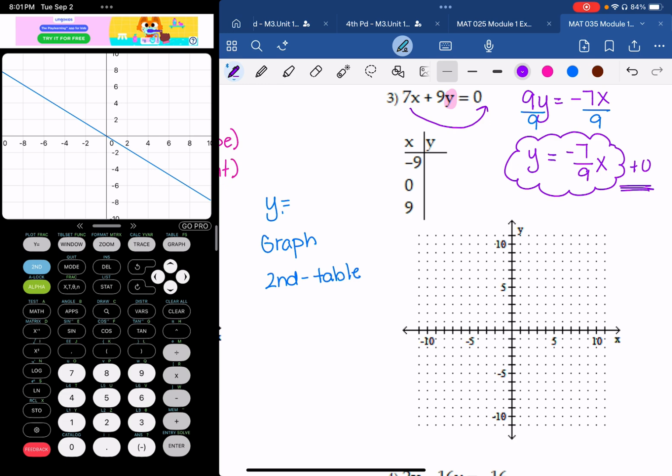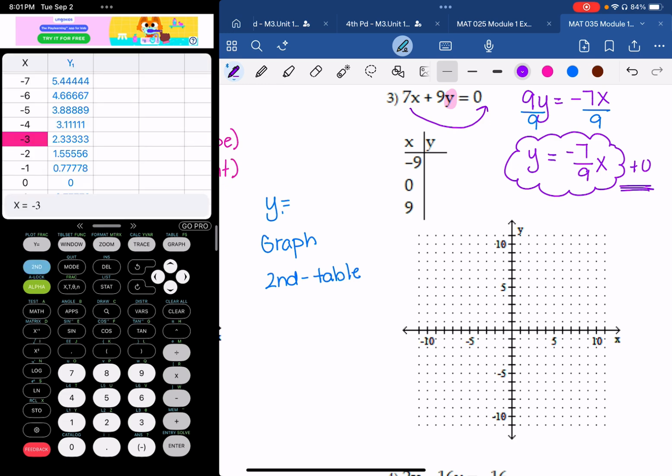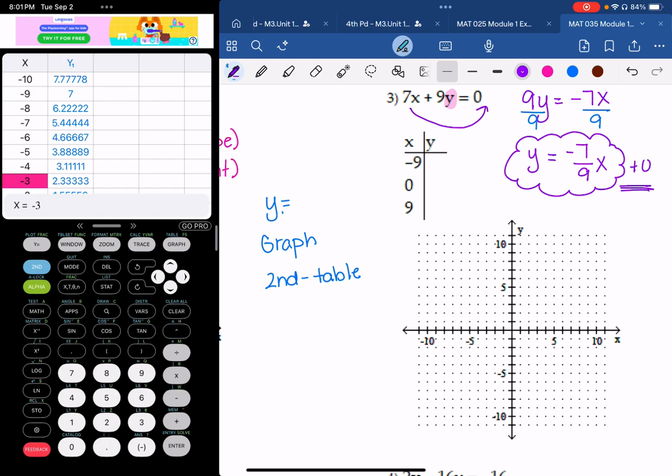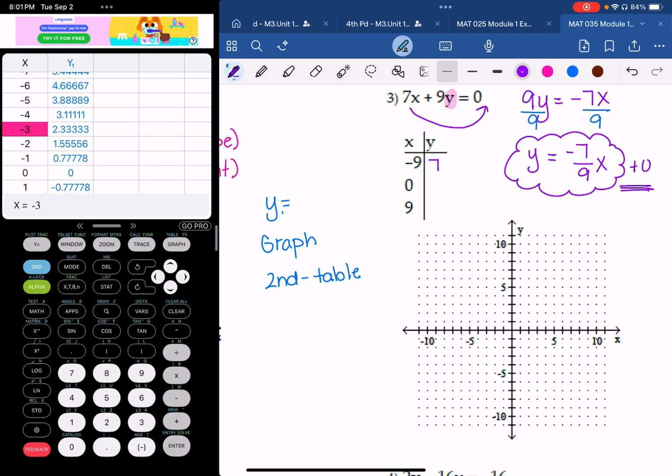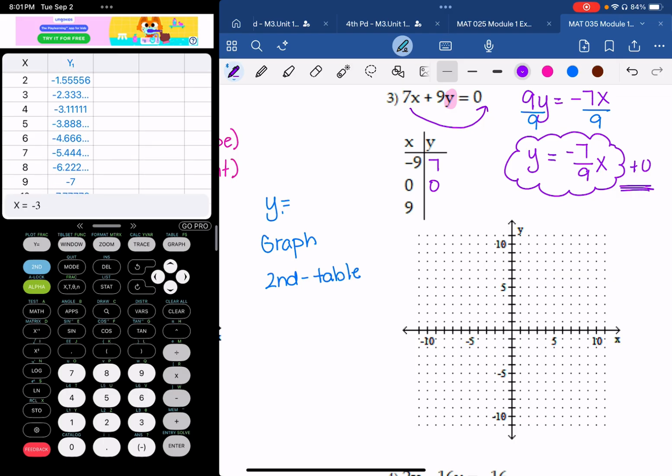I can go back to my table, second graph, and I can get my values. So negative 9, 7, 0, 0, and 9, negative 7. I'm going to graph those. So negative 9, 7.